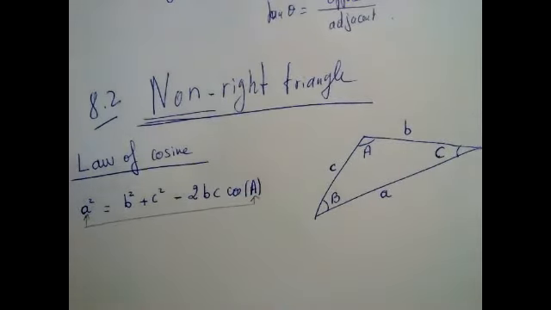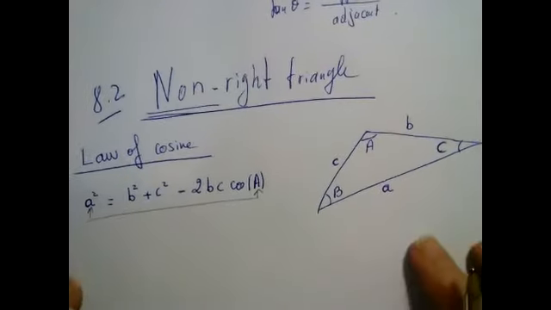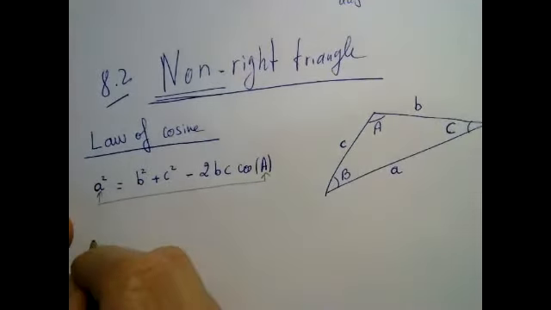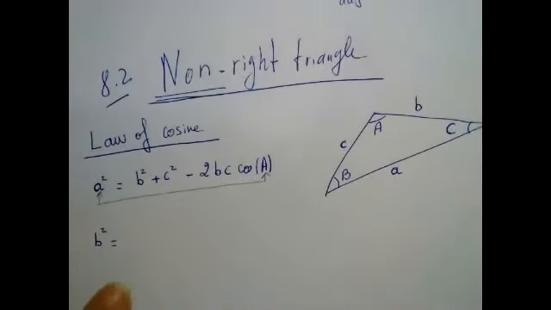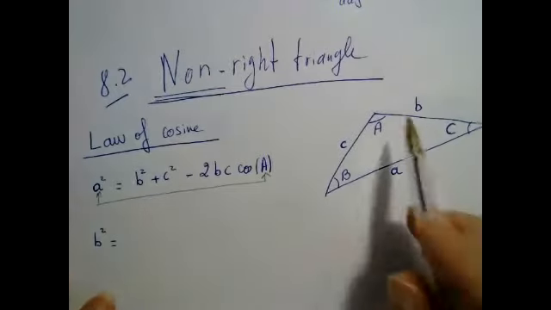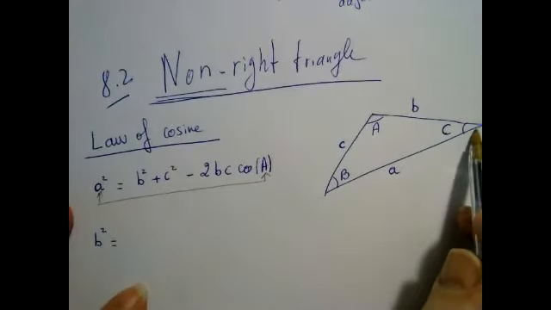Now, that's not really the only version of the law of cosines. I can rewrite it the following way. Suppose I want the side b squared. The law of cosines will apply as follows.